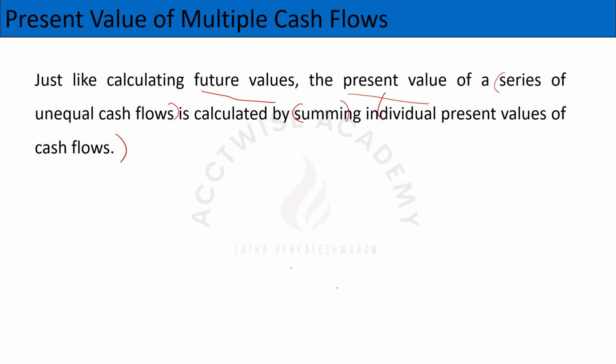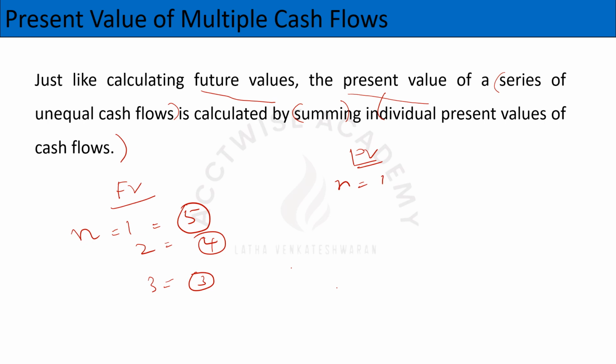But one thing you have to remember. While finding out the future value of uneven cash flows, what did we do? For the first year we took N as 5, for the second year N as 4, for the third year N as 3 and so on. But this is opposite now. For finding the present value of uneven cash flows, N for the first year will be 1, for the second year 2, for the third year 3.